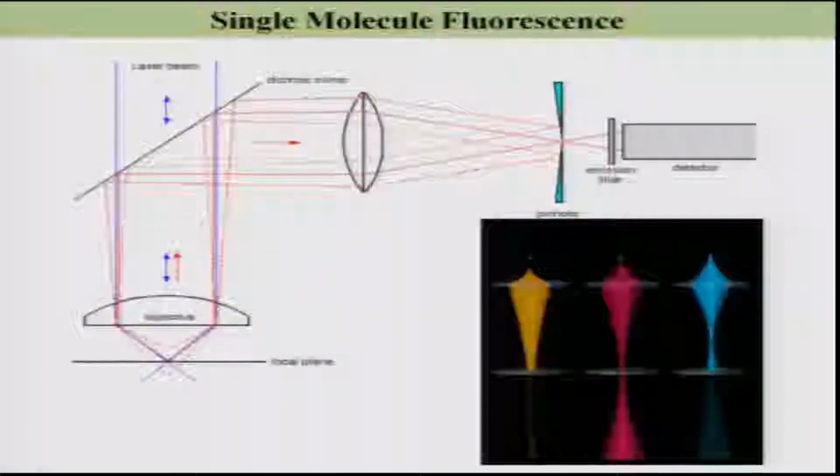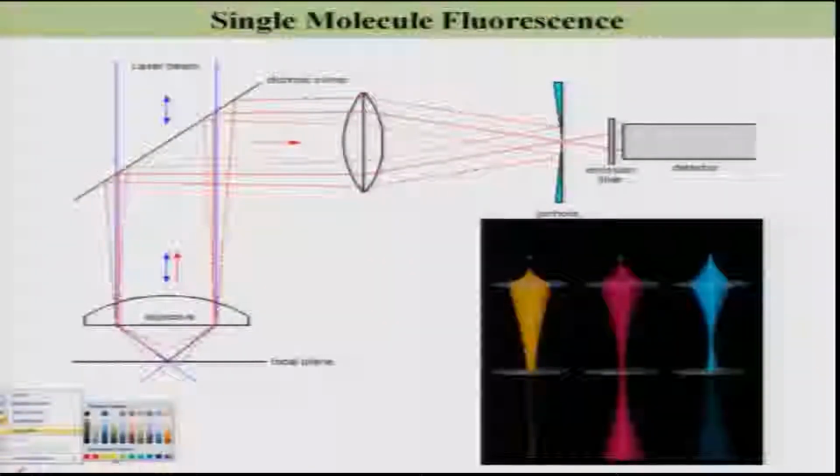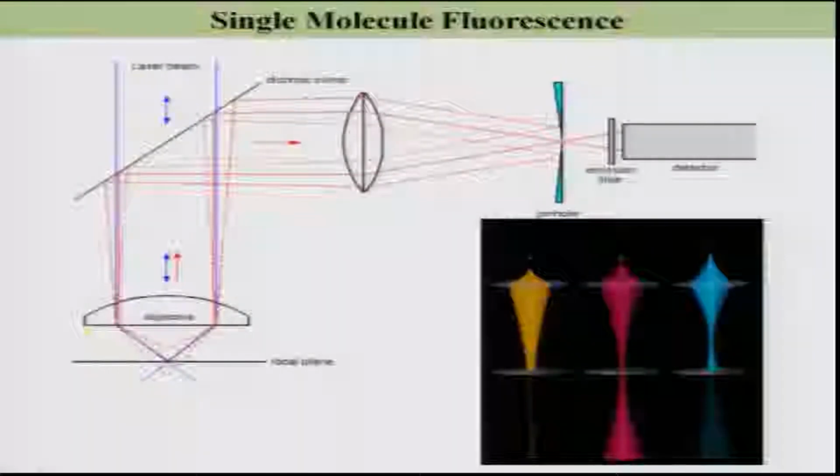You see, in this case, this is my excitation laser beam. When it reaches the sample position, let me define that the sample is present throughout. Starting from here, everywhere is your sample.